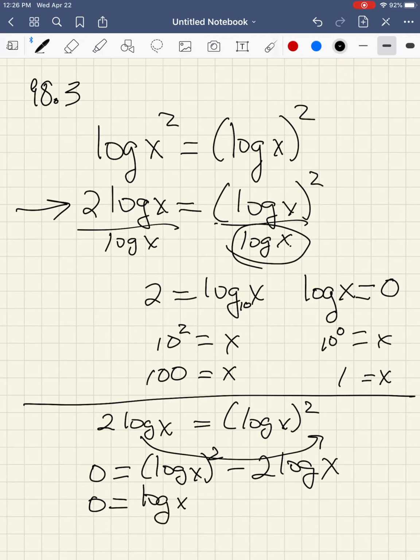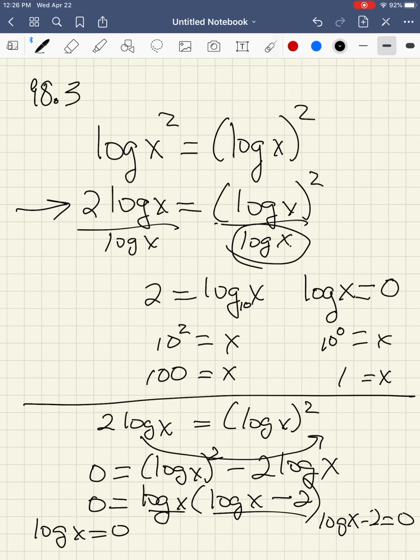So if I factor out log x, here I'll have log x left over, minus 2. And now you can see how we have two factors, which will give us two solutions. We haven't lost anything. So now I'll set log x equal to 0 and log x minus 2 equals 0. So this gives me x equals 10 to the 0, or x equals 1.